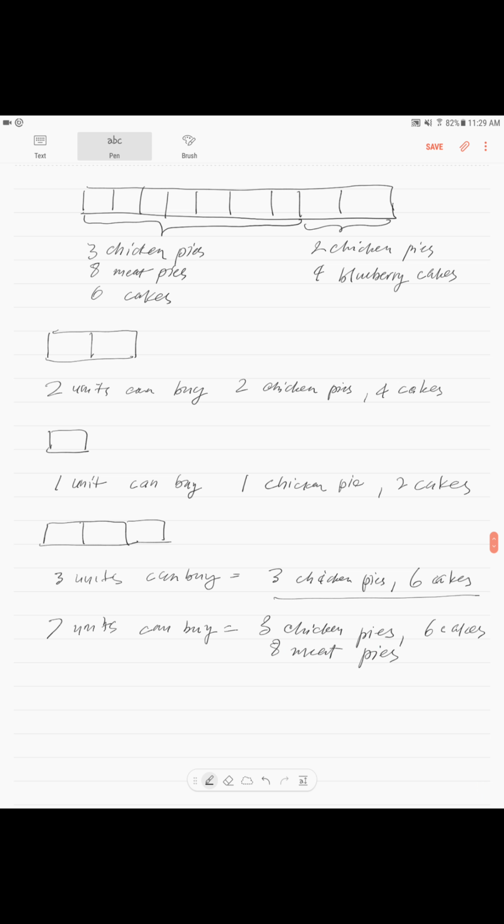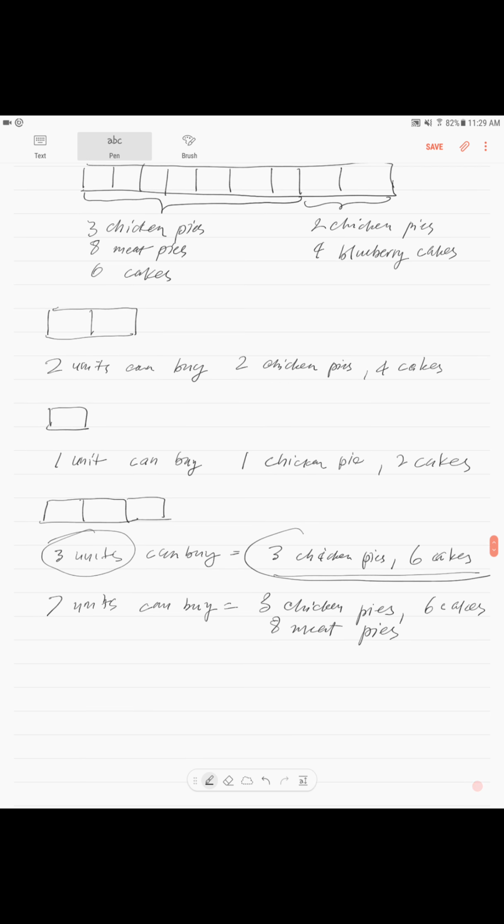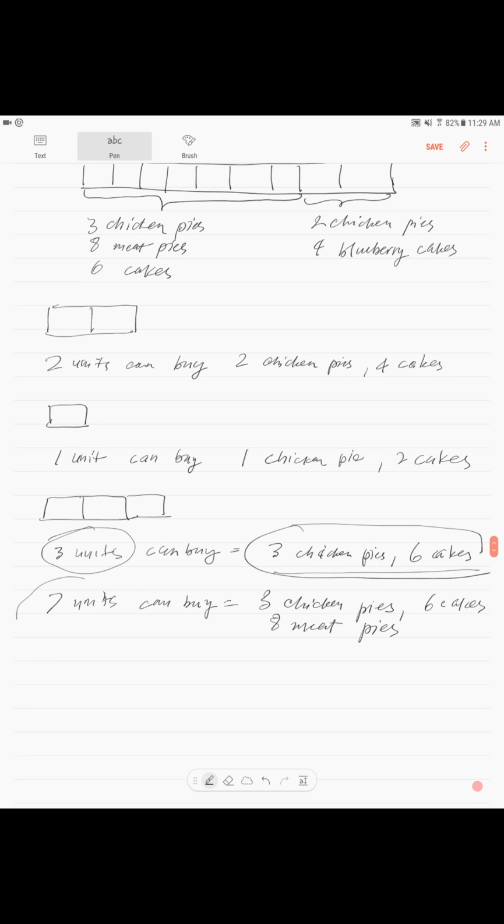What does it tell us? 3 units can buy 3 chicken pies and 6 cakes. 7 units can buy 3 chicken pies and 6 cakes and 8 meat pies. Obviously the difference here is 4 units, and the difference is 8 meat pies.